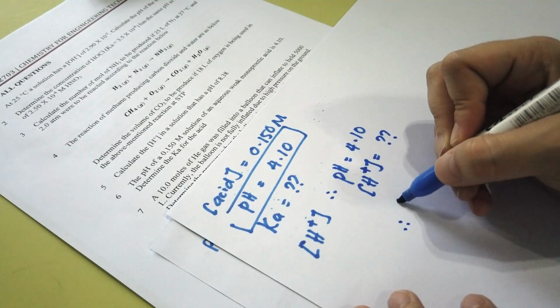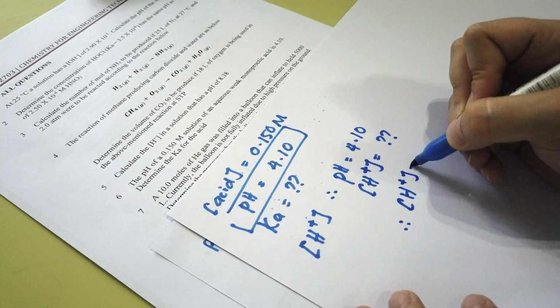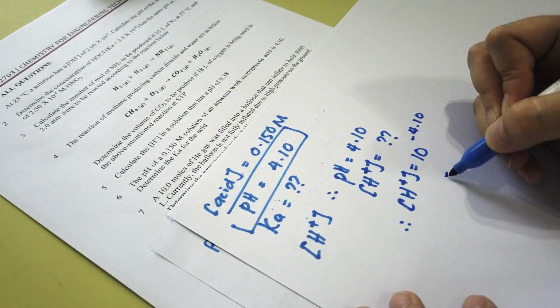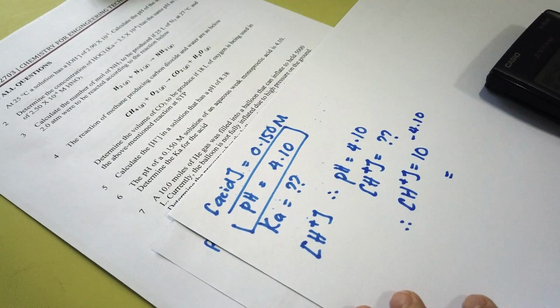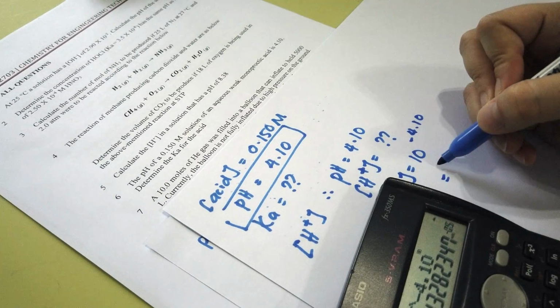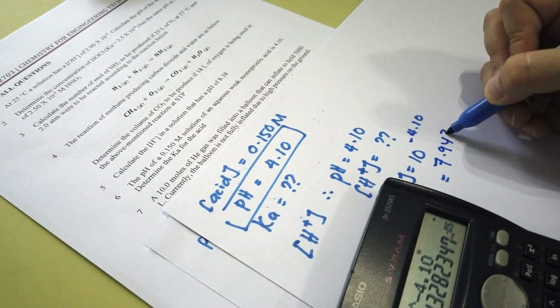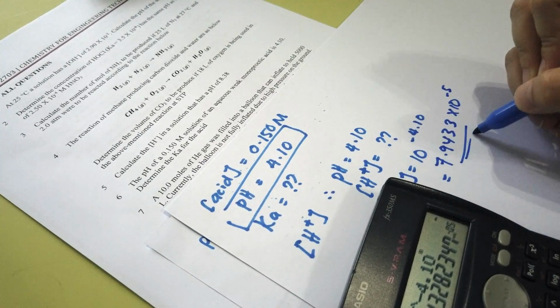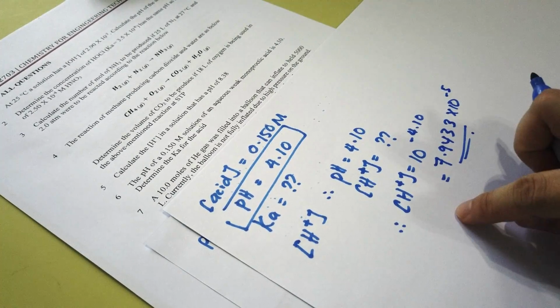Therefore, concentration of H plus is equivalent to 10 to the power of negative 4.10. Therefore, you will get 7.9433 times 10 to the power of negative 5. So this is your H plus.